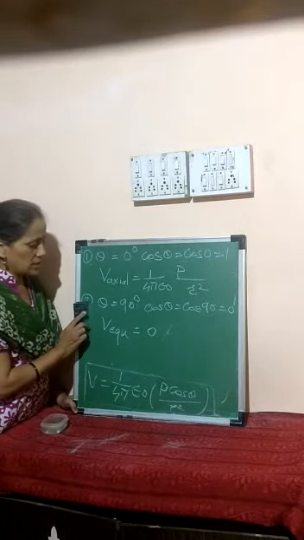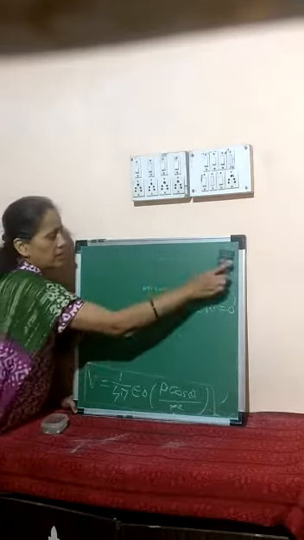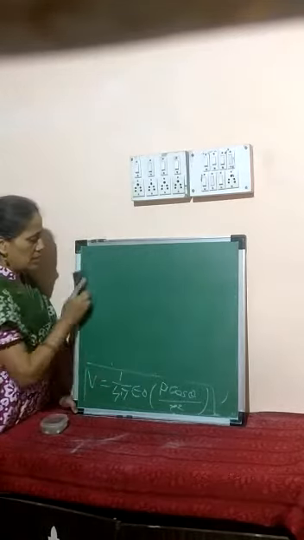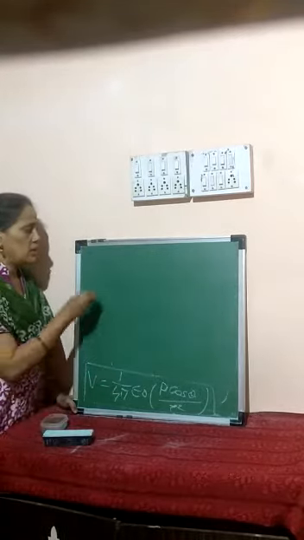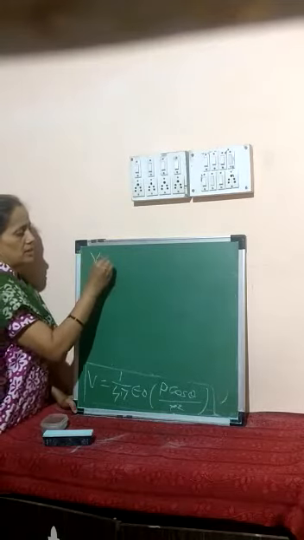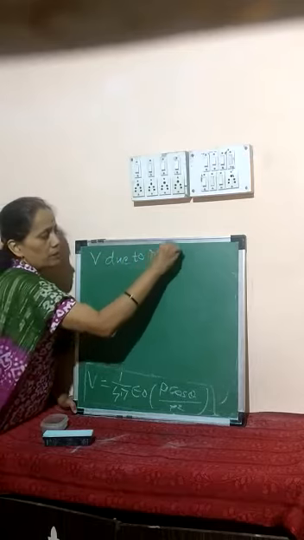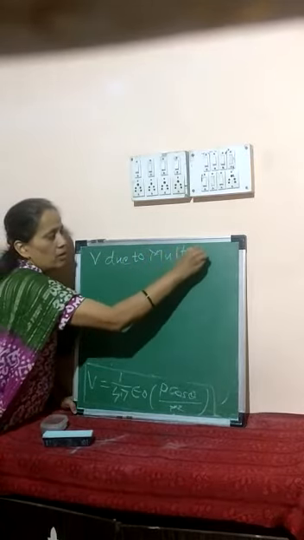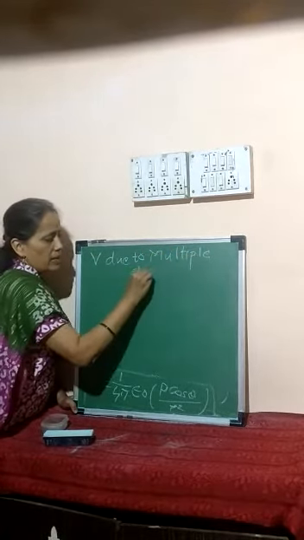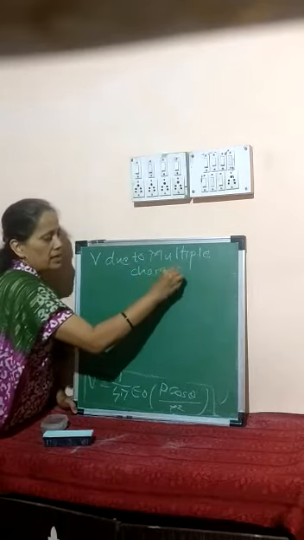Now we are going to consider the next point, that is, electric potential due to multiple charges. Due to multiple charges means what? Here your point P will be surrounded by a number of charges.